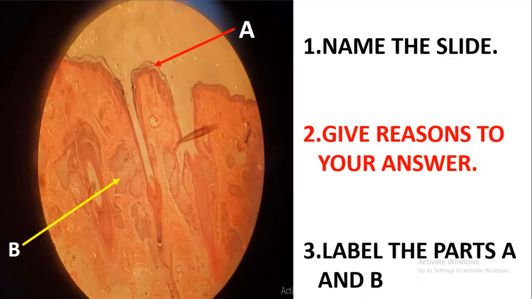The next question is, label the parts A and B. So when you talk of A, this part is just the epidermis, ladies and gentlemen, and this part is just the sebaceous glands. So you see, in this practical, you'll be told to draw the cells in the sebaceous gland, but the exam will need you to label such parts.